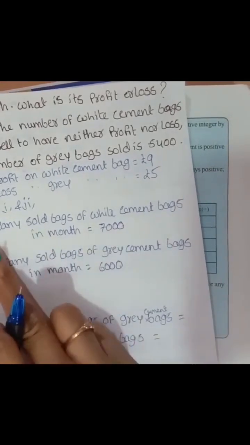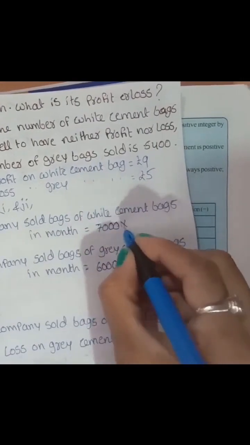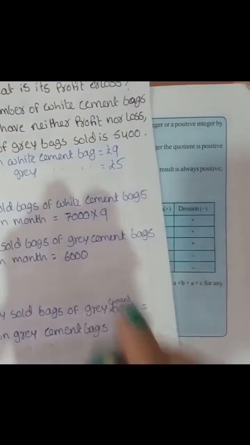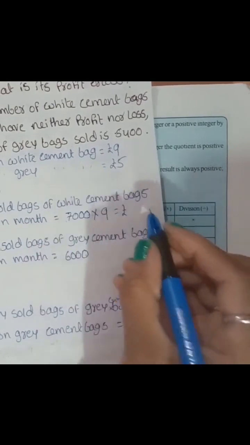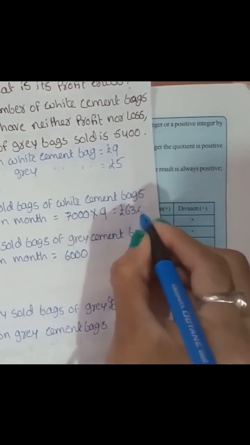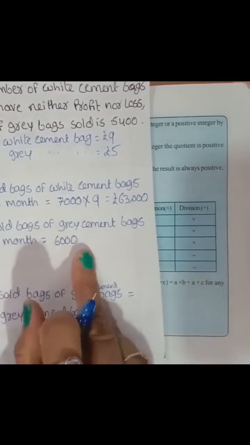The company sold white cement bags in a month, and the profit is 9 rupees per bag. So 9 times 7,000 is 63,000. Next, the company sold grey cement bags in a month.